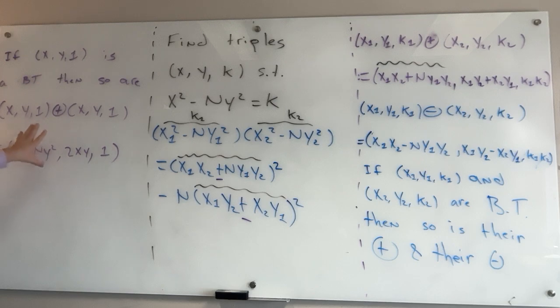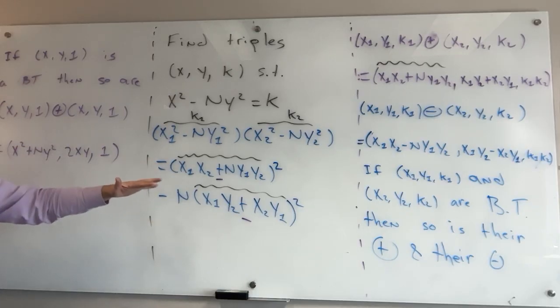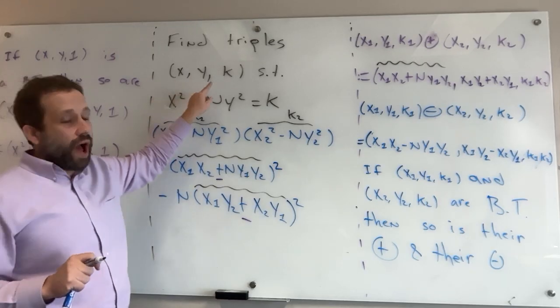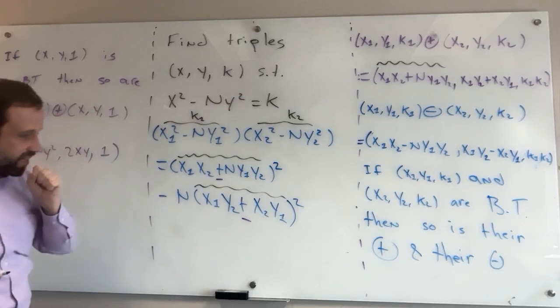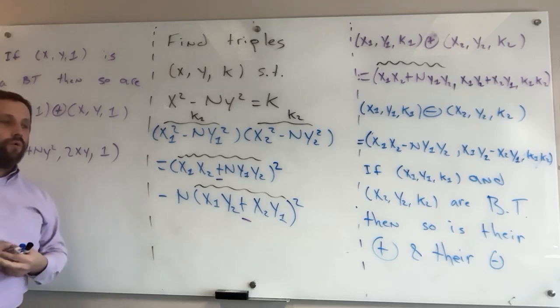So given one triple x, y, 1, the ultimate goal is to solve the equation x squared minus ny squared is equal to 1. That is, find triples x, y, and 1. If we found one solution, then we can find infinitely many solutions from that one solution.